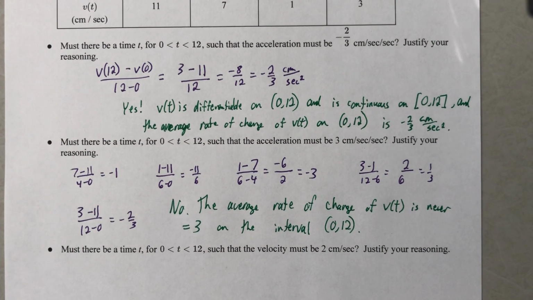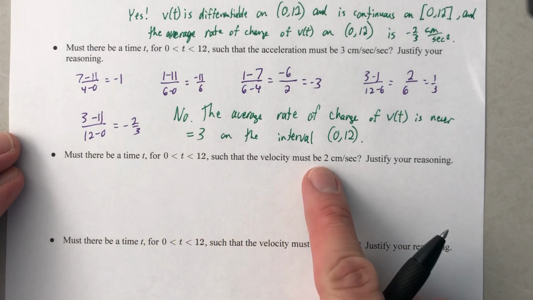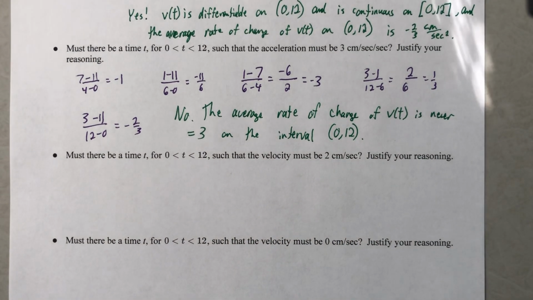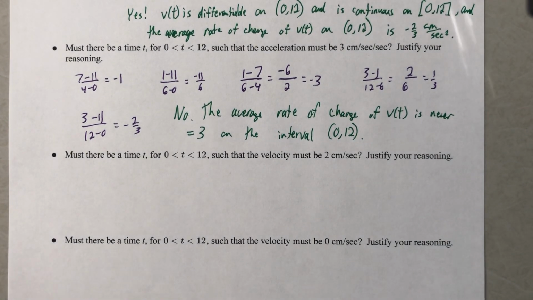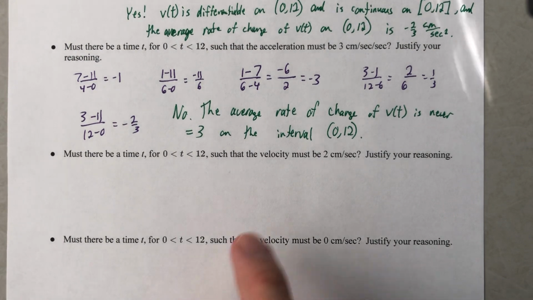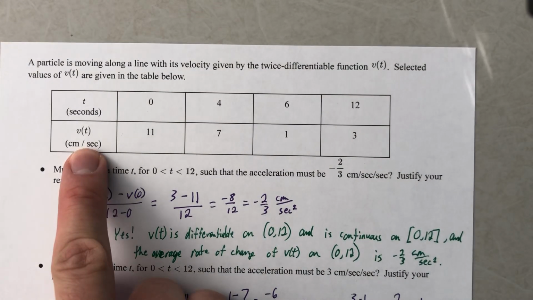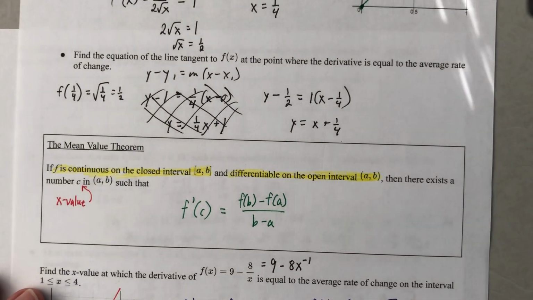All right, you ready for a little bit of shifting gears here? I am. Must there be a time t from 0 to 12 such that the velocity must be 2 centimeters per second? Justify your reasoning. I wonder if the velocity is ever 2. Okay, well, first of all, we are asked about velocity, not acceleration. What are we given? Velocity. I told you when we were on the front side of this page that the mean value theorem is an existence theorem.